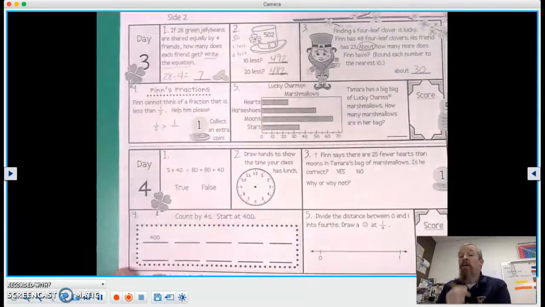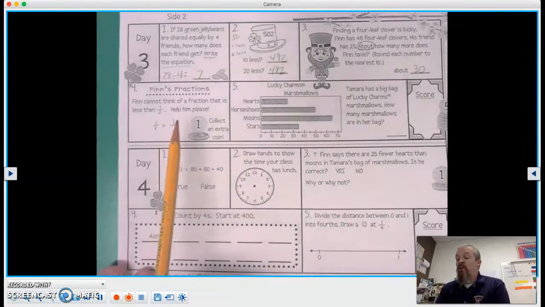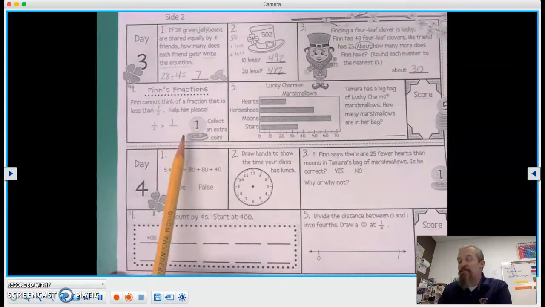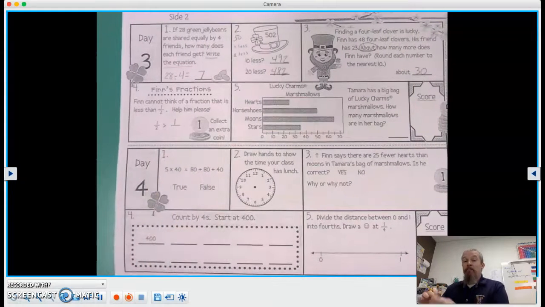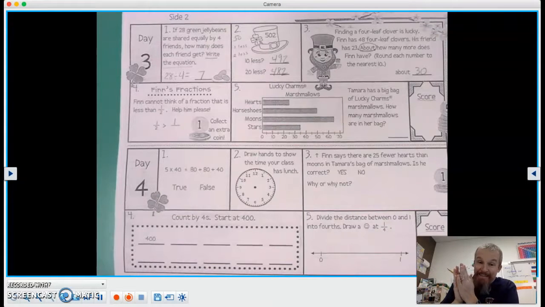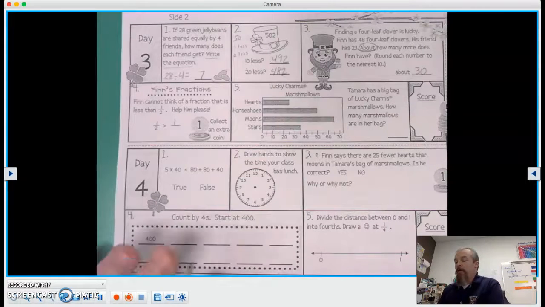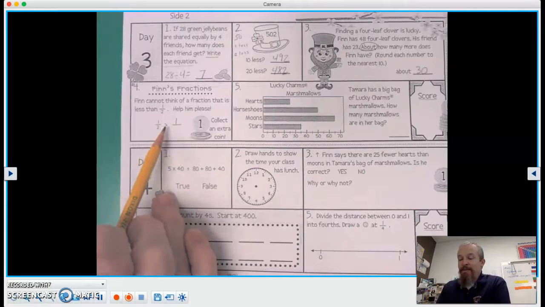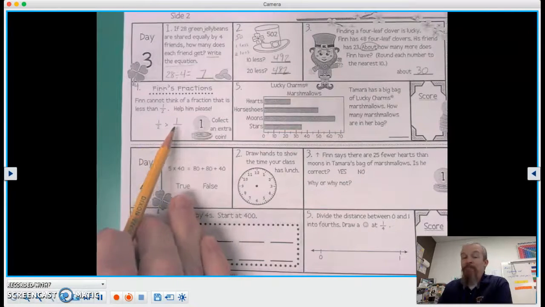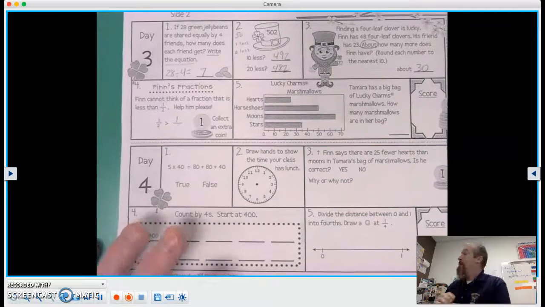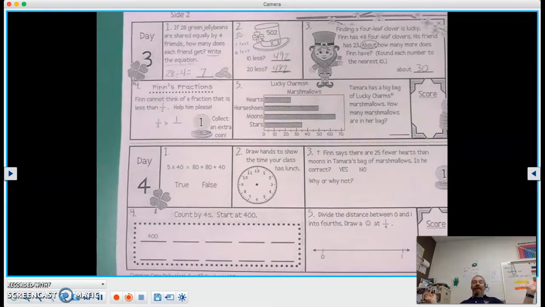Because I know that as long as my numerators are the same, the bigger and bigger the denominator gets, the smaller and smaller the piece, right? So, as long as the 2 is less than the bottom number, we're going to have a smaller fraction.